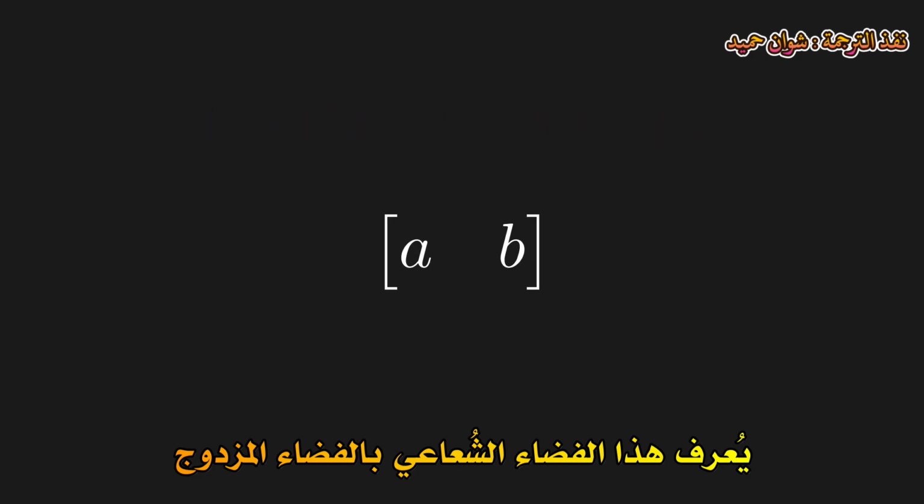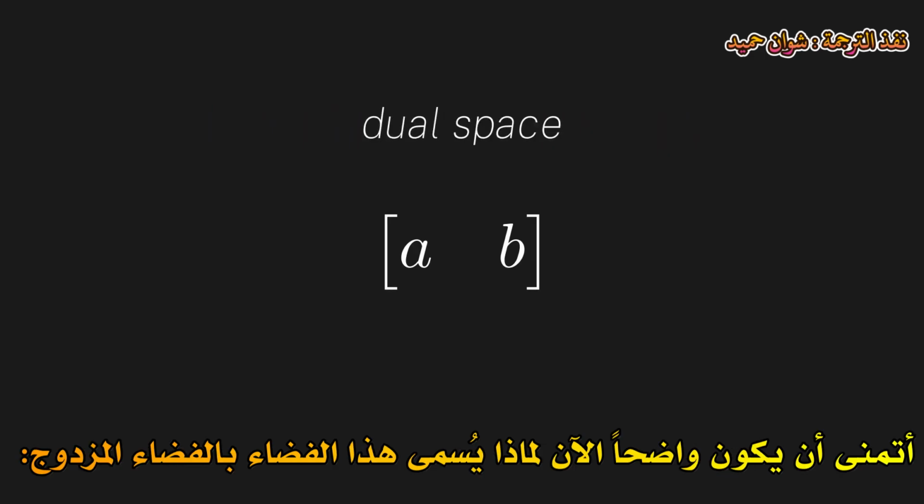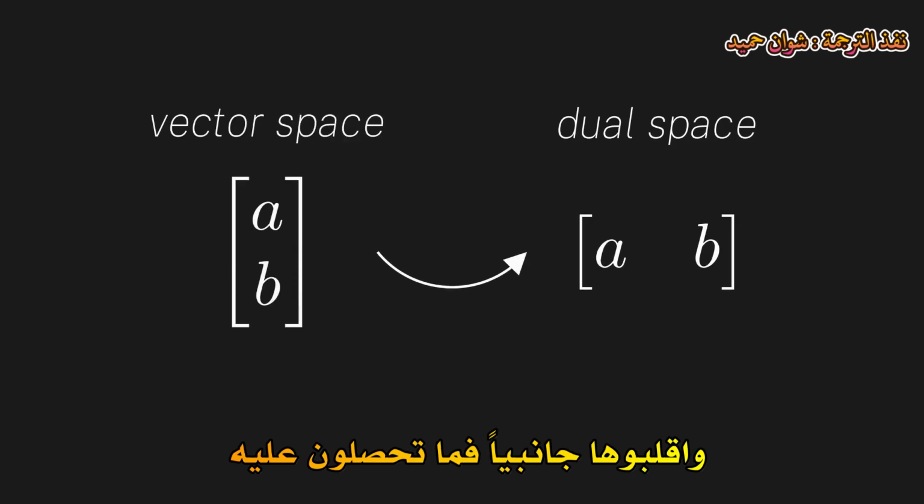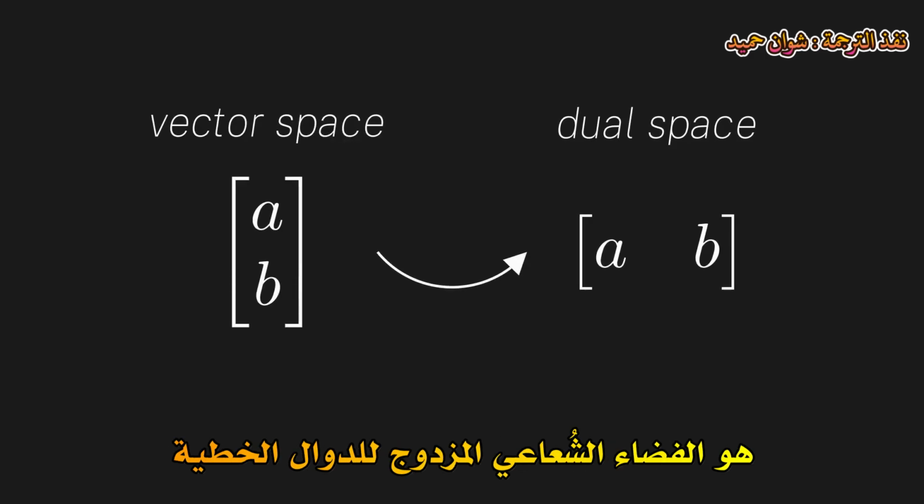This vector space is known as the dual space. Hopefully you see why it's called a dual space. Take your vector space of column vectors, turn them on their side, and what you get is the dual vector space of linear functionals. This has been specific to R2, but the dual space is a very useful concept in abstract vector spaces.